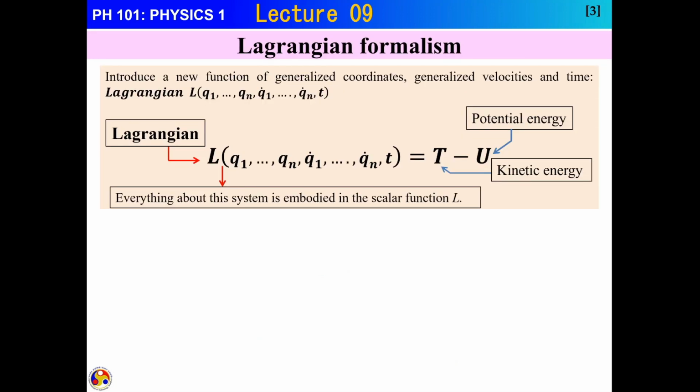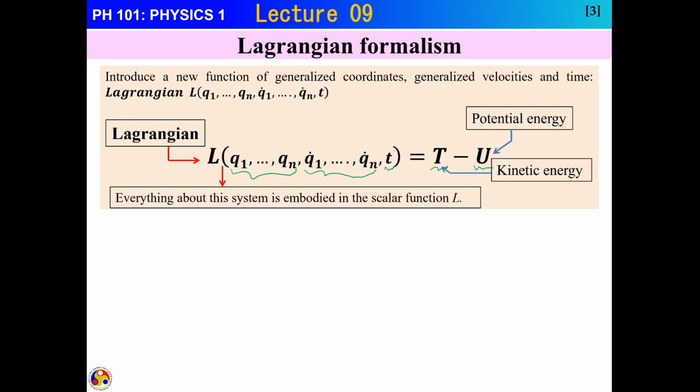Now, what we saw in Lagrangian formalism was, we considered a function of generalized coordinates q1 to qn, then generalized velocities q dot 1 to q dot n, and time, and this can be written simply as the kinetic energy minus the potential energy.